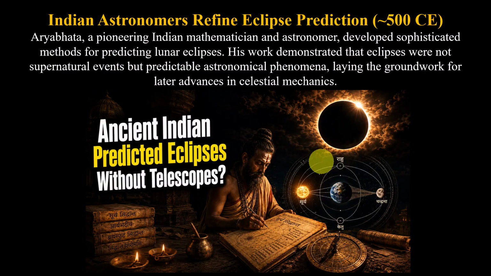An Indian astronomer used eclipses to refine his predictions, around 500 Common Era. His name is Aryabhata, a pioneering Indian mathematician and astronomer. He developed sophisticated methods for predicting lunar eclipses.